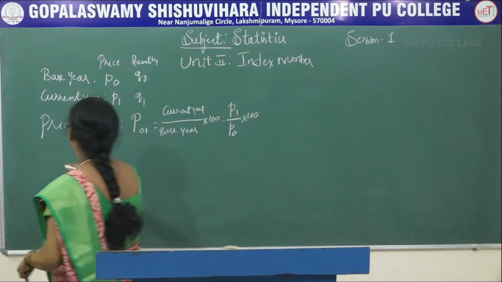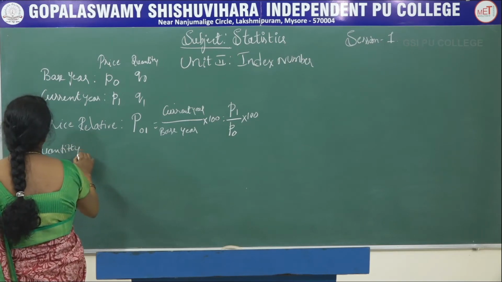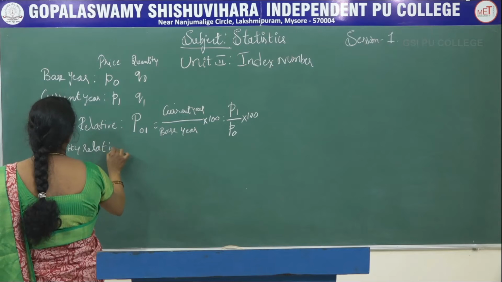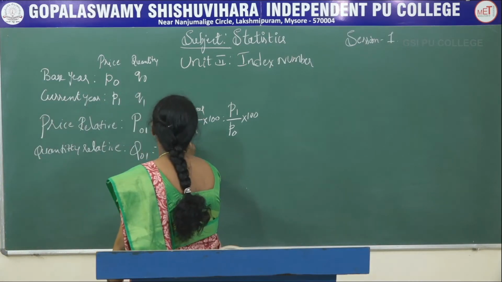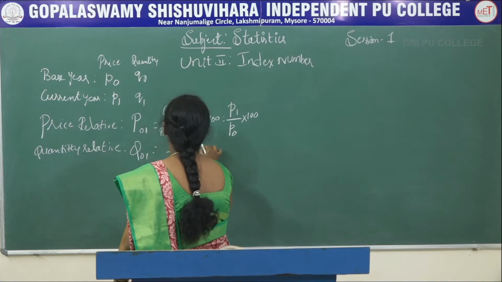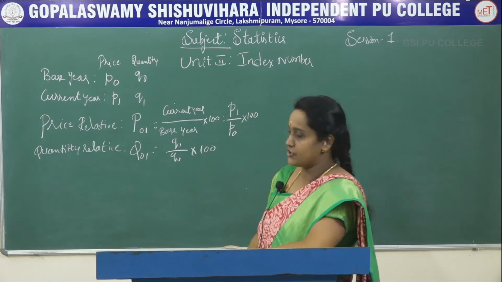And similarly for quantity relative, it is Q01, it is Q1 by Q0 into 100. Again, this is also expressed as a percentage.